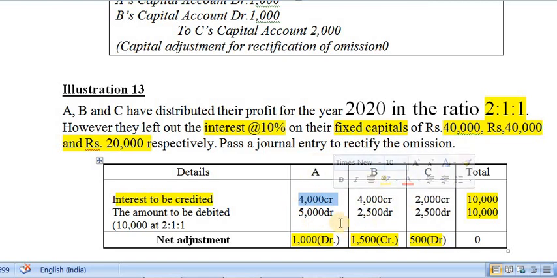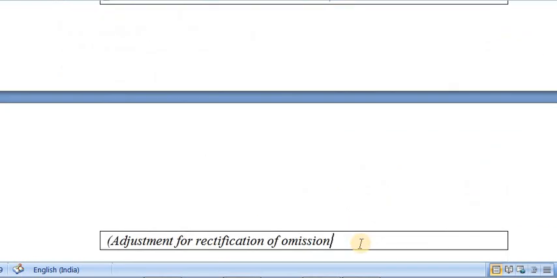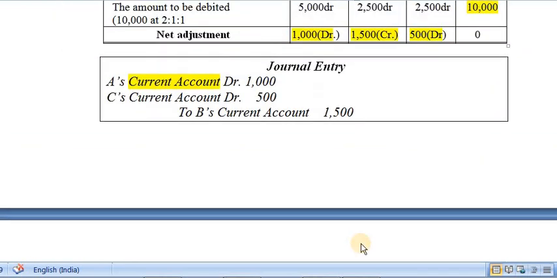That means the final adjustment is this: debit A with 1,000, credit B with 1,500, debit C with 500. Journal entry is this: A debtor 1,000, C debtor 500, to B 1,500. Got it? So this is the final journal entry.